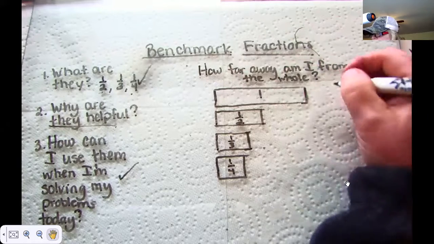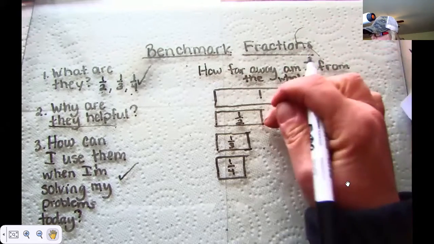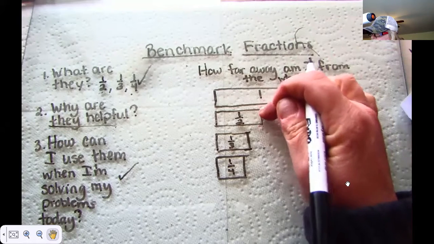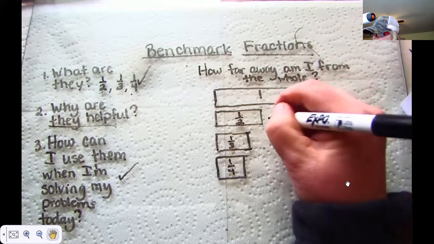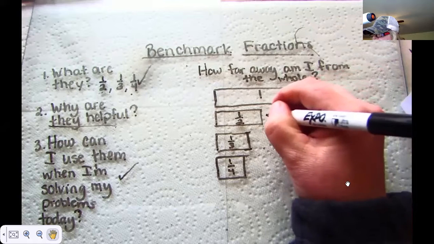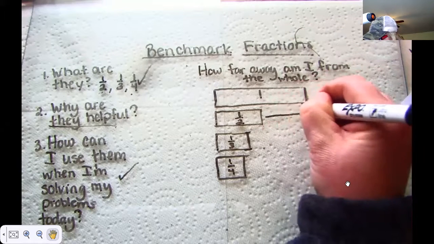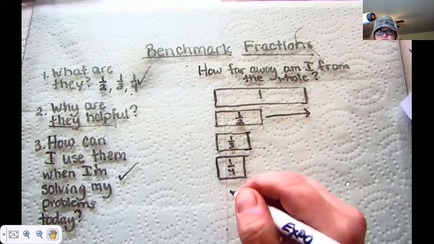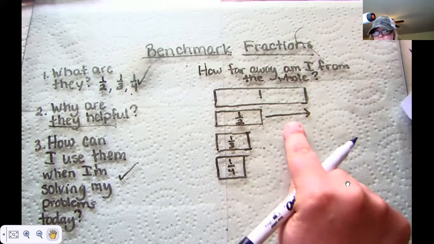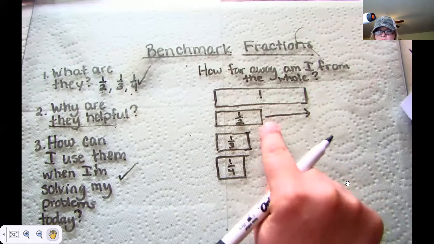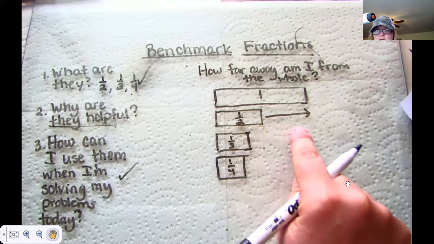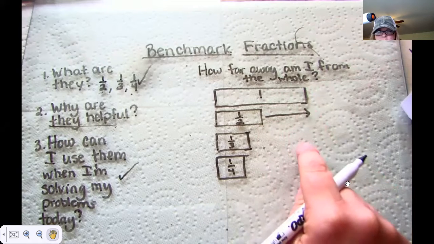Let's say it's a candy bar, and I have half of it. How many more halves does it take to get to that whole? See how far that is? If you have half of that one, how much more do you need to have the whole candy bar?